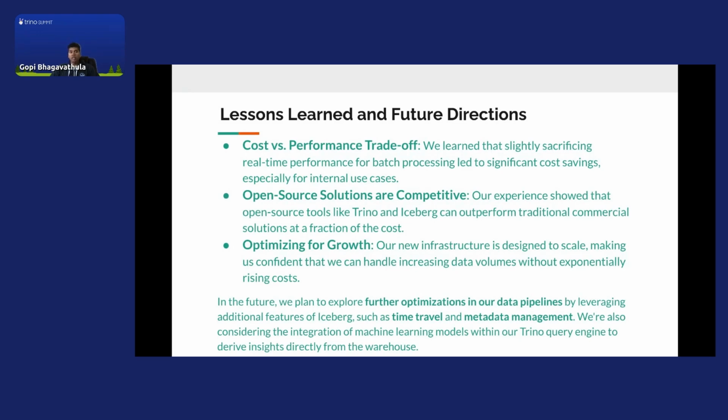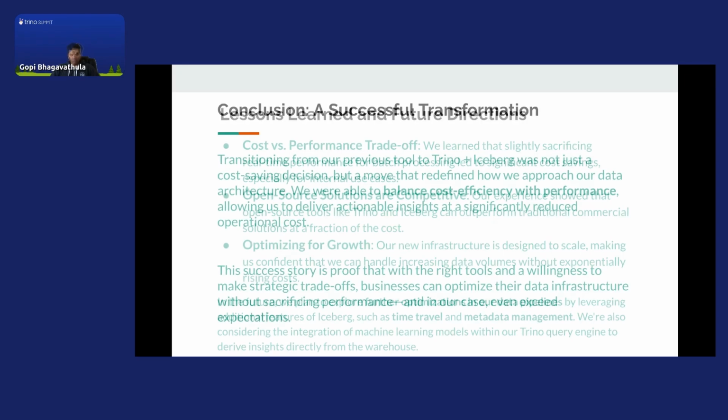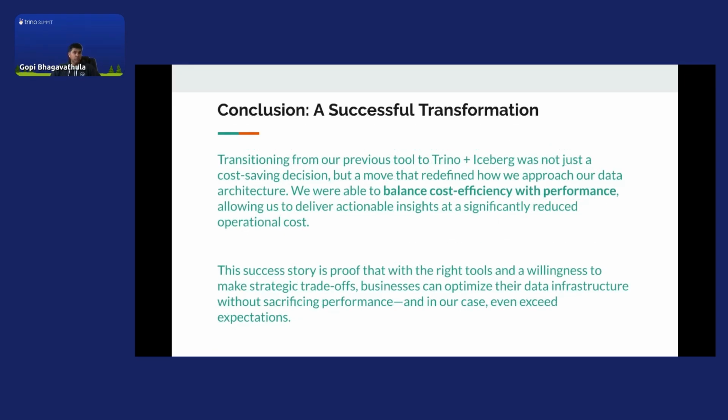We are also considering the integration of machine learning models within our Trino query engine to derive insights directly from the warehouse. Here is the conclusion: a successful transformation. Transitioning from our previous tool to Trino Iceberg was not just a cost saving decision, but a move that redefined how we approach our data architecture.